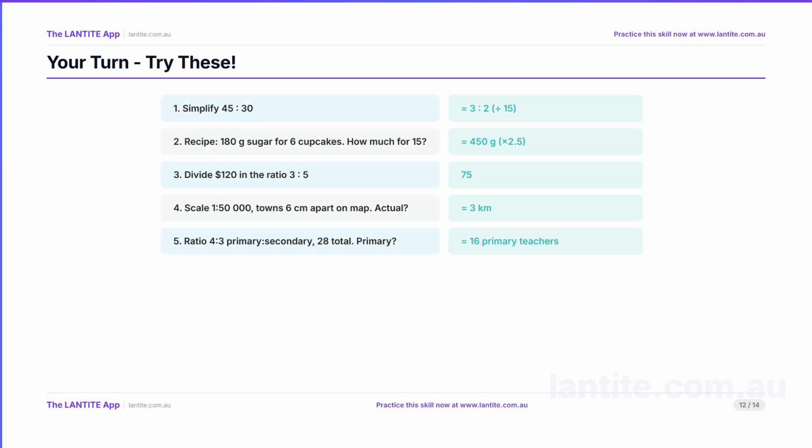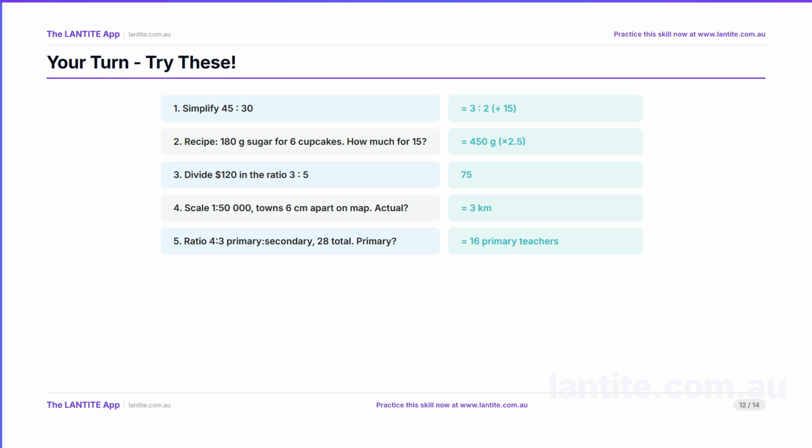Now it is your turn. Pause the video and work through these 5 practice problems. Problem 1. Simplify the ratio 45:30. Problem 2. A recipe for 6 cupcakes uses 180 grams of sugar. How much for 15 cupcakes? Problem 3. Divide $120 in the ratio 3:5.